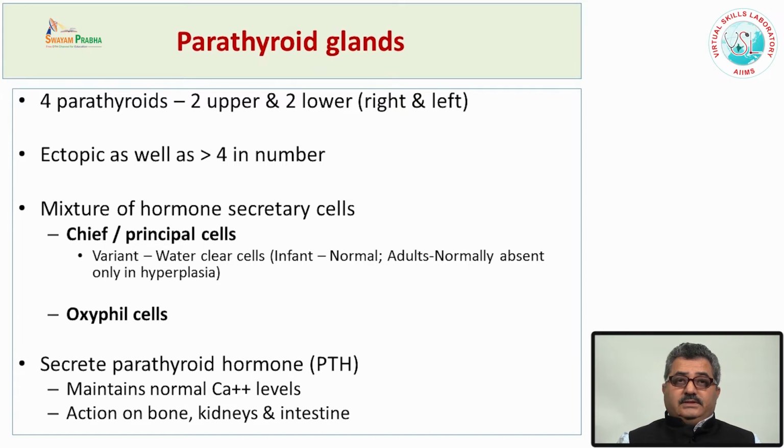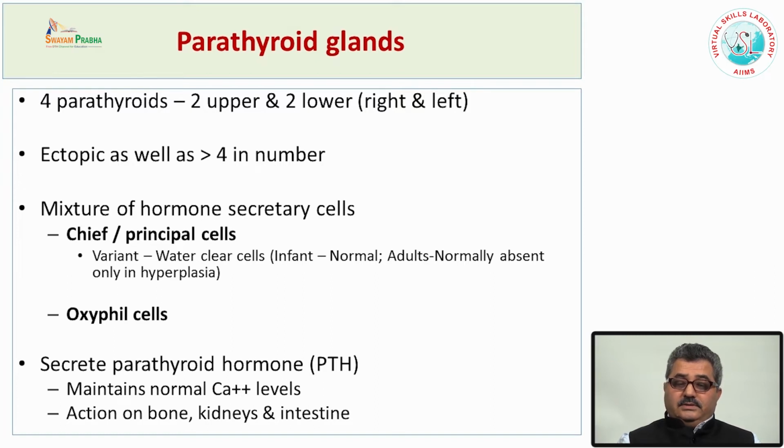The other type of cells have more eosinophilic cytoplasm and are known as the oxyphil cells. Both types of cells secrete the parathyroid hormone, which maintains the calcium levels, and it mainly acts on the bone, kidneys, and intestine.